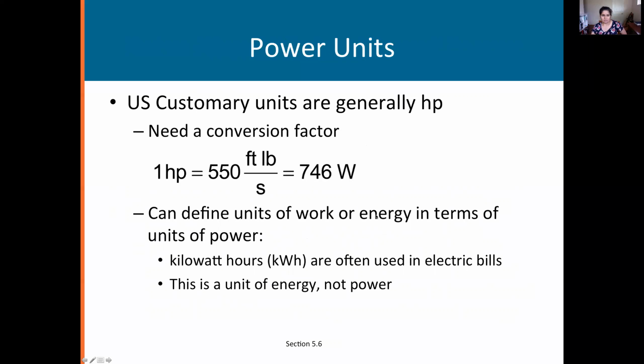So typically, you might see on electricity bills kilowatt hours, okay? And that's a unit of work or energy in terms of power. So kilowatt hour, since it's multiplying time with the kilowatts, it's going to be a unit for energy and not of power. But you might see your electric bill in terms of kilowatt hours.